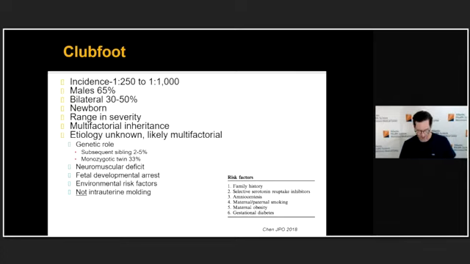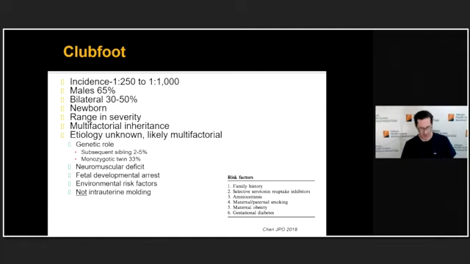Some of the environmental risk factors include maternal history of smoking during gestation, maternal obesity, gestational diabetes, as well as use of SSRIs during pregnancy. As we'll see, there are some neuromuscular conditions that are associated with club feet, and so this has led to a neuromuscular etiology during fetal development as the proposed etiology of clubfoot. But the exact etiology is unknown.